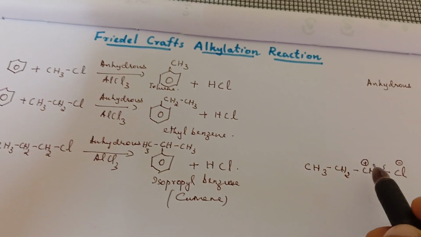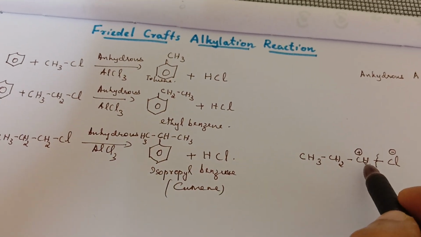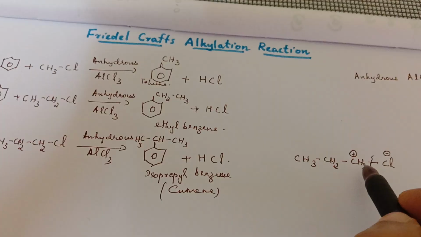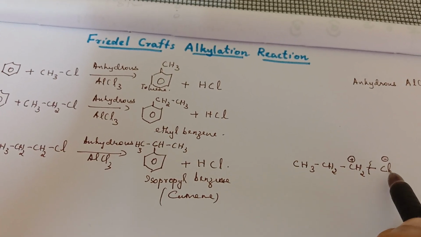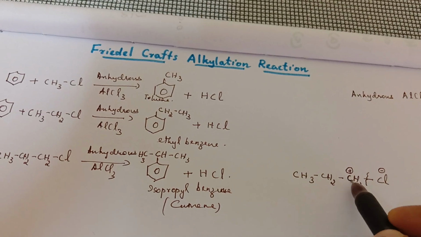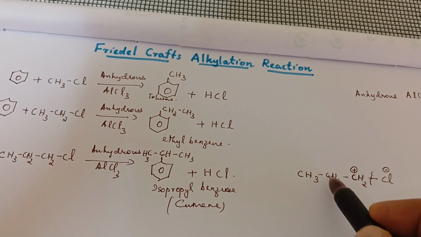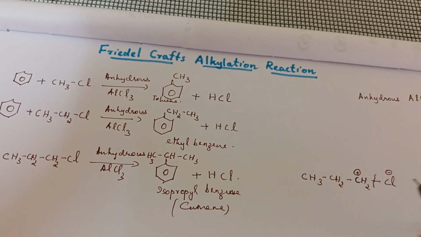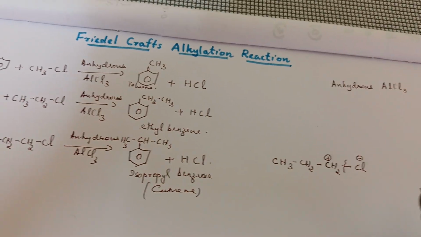This is a primary carbocation. That is the carbon to which the chlorine was attached, and this is the primary carbocation. This carbon is attached to only one other carbon. But you know that a secondary carbocation is more stable.